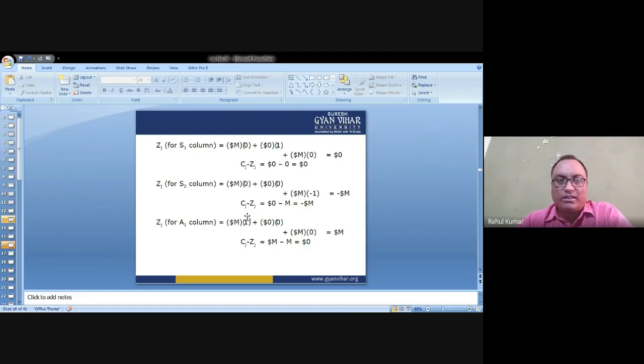This will give a negative result. Then CJ minus ZJ will give a negative sign with M. Then ZJ for this gives the positive sign, and it will give M minus M equal to 0. So these are the steps for this solution.